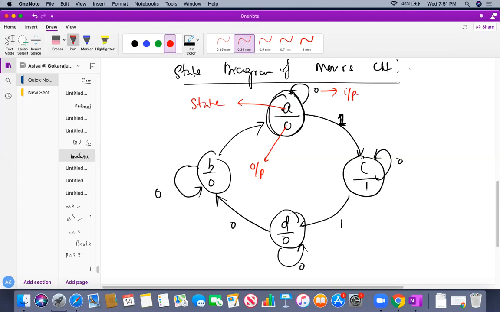So here A is the state, 0 is the output of the state, and this 0 is the input of the state.